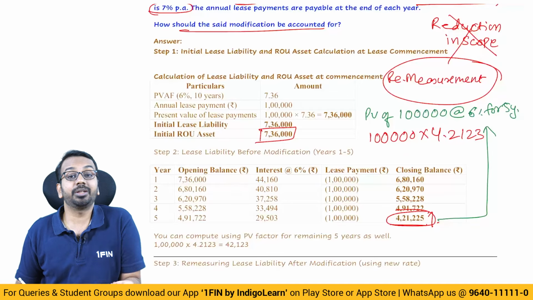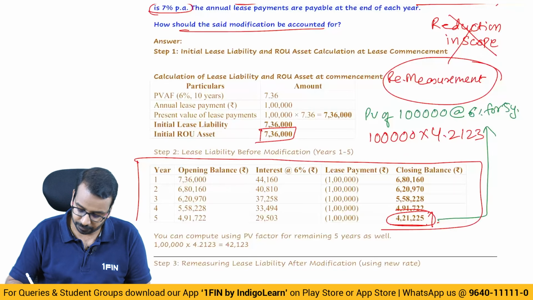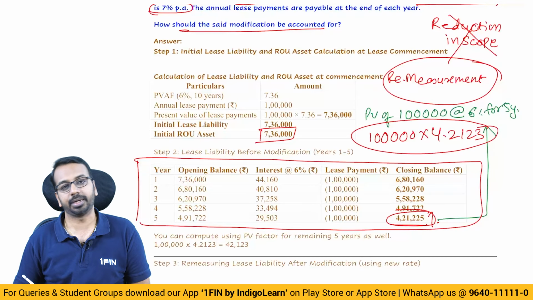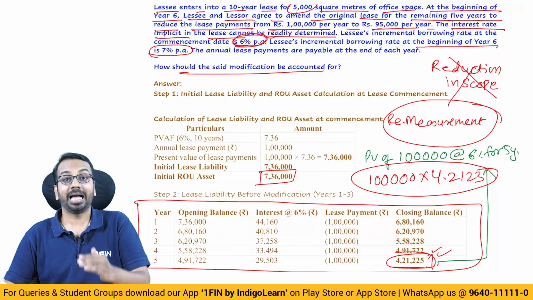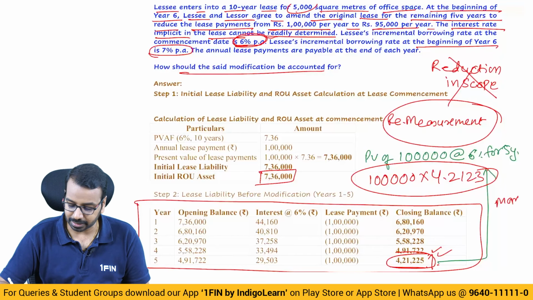Now in the examinations, what is to be done? Normally you prepare a table. If you are running short of time, then you can use this to calculate it. Otherwise, I would suggest you always use the table format as far as the lease schedule is concerned, and this lease schedule will also have marks in the examination.